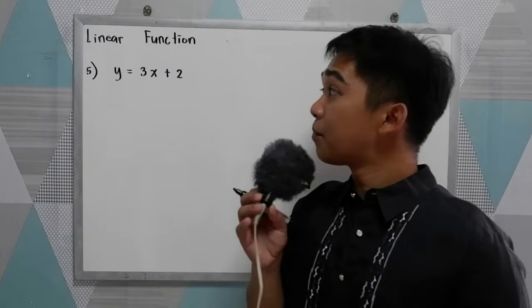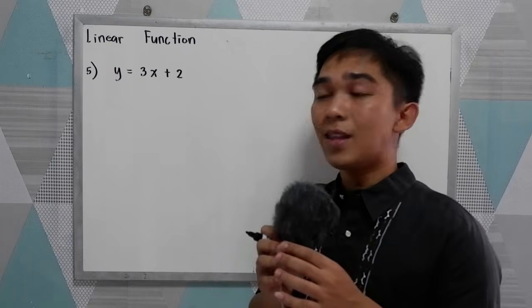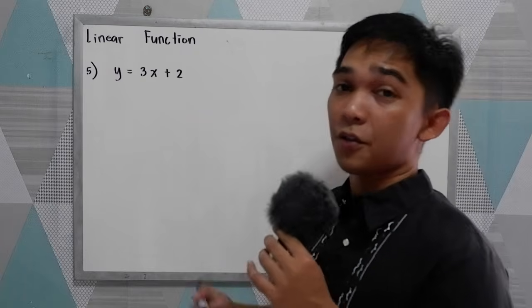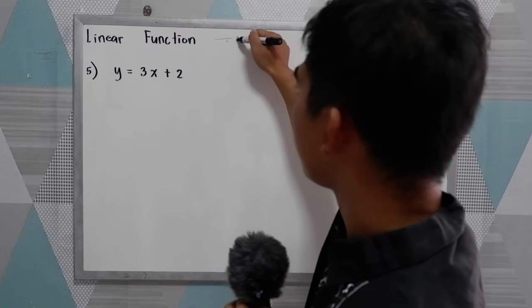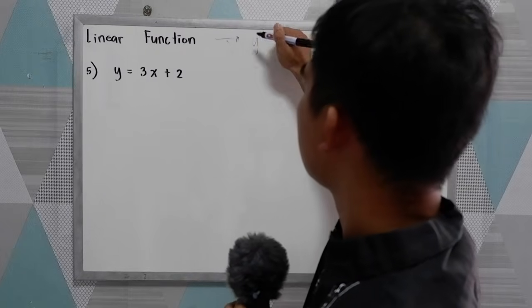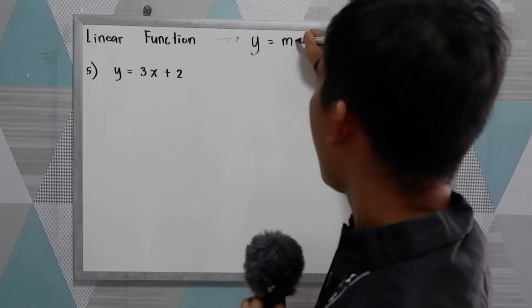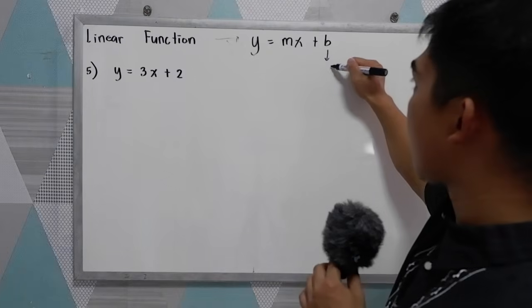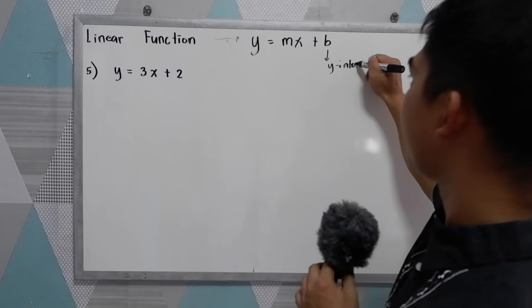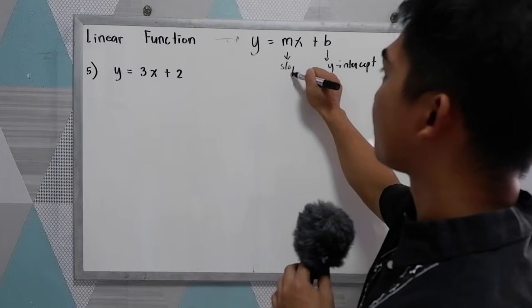Now let us proceed to example number 5, y is equal to 3x plus 2. We know that this is an example of a linear function. A linear function can be written in the form y is equal to mx plus b, wherein b is our y-intercept and m is our slope.